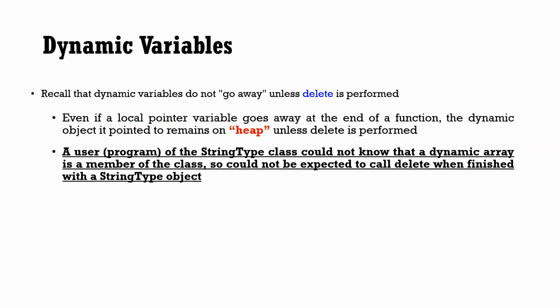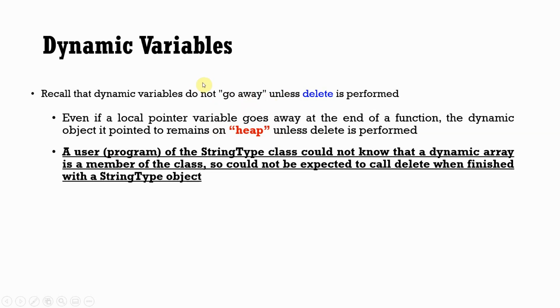Recall that dynamic variables are stored in a part of memory called the heap. Don't get confused with the heap that you saw in the data structure lectures. They have the same name, but different meanings. These dynamic variables are not going to go away automatically.